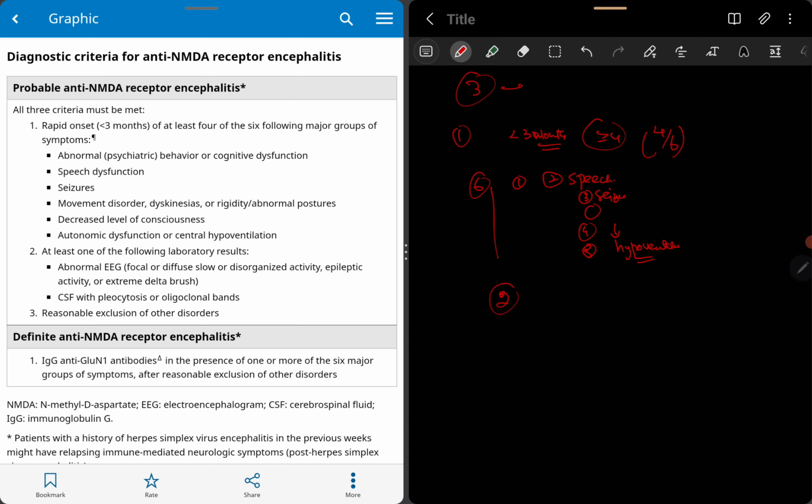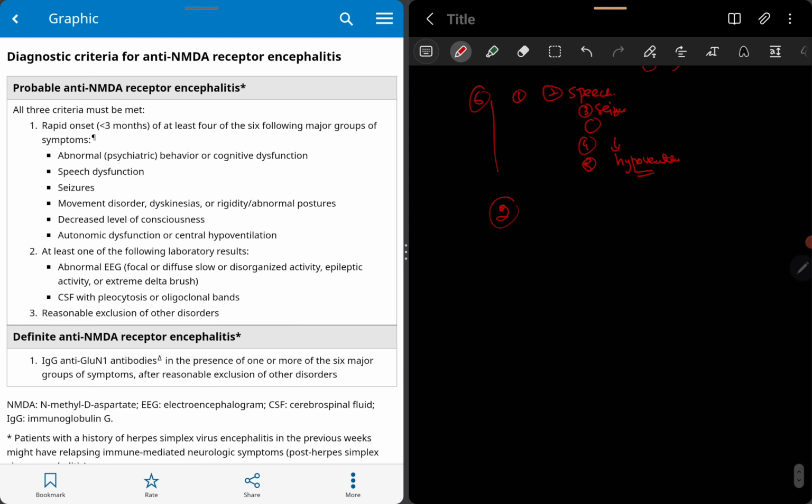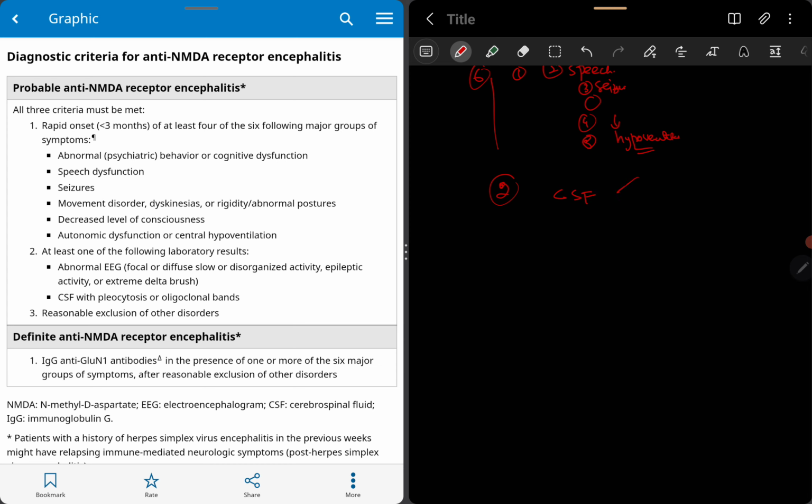Now, the second part is at least one of the following laboratory results. One is CSF analysis, where you may get one of two features: one is pleocytosis, second is oligoclonal bands.